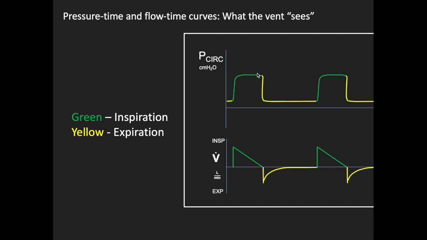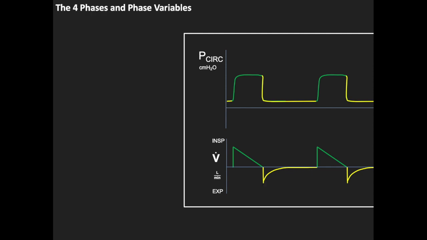Pressure when it's positive is pushing flow into the patient during inspiration, during the green part of the curve, and then during expiration, the yellow part of the curve, the pressure goes back down to where PEEP is set and flow comes out of the patient. And that's why it's negative here. So the ventilator sees pressure and flow and monitors pressure and flow over time in the inspiratory and expiratory tubing. So we know how the ventilator sort of looks at the outside world.